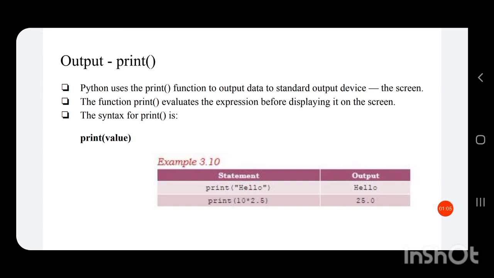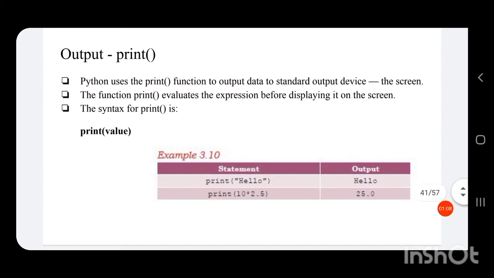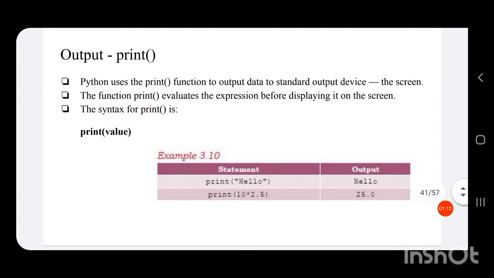Likewise we have to write all the programs. So in script mode we have to use the print function to produce the output. The print function evaluates the expression before displaying it on the screen.